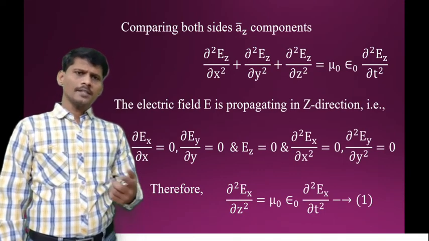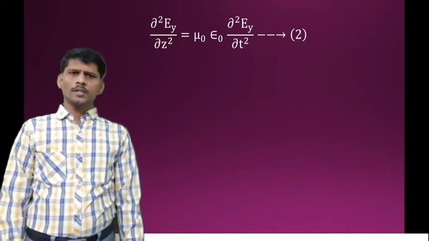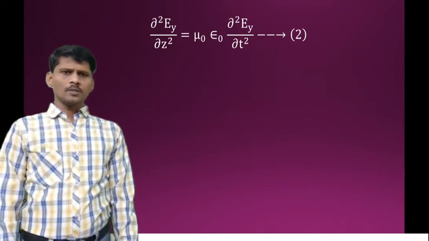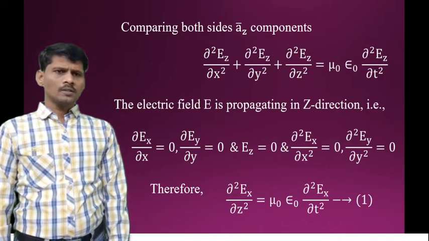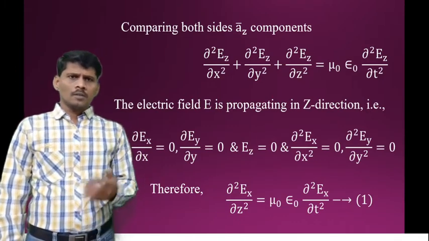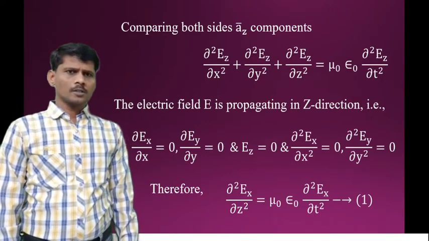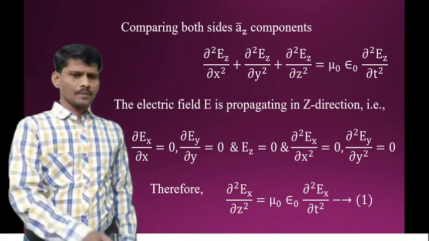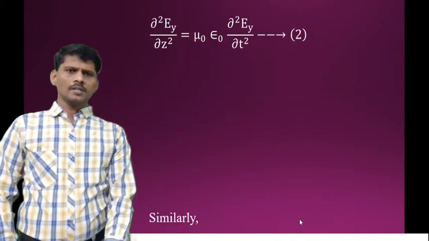In the second equation, dou square Ey by dou z square is equal to mu naught epsilon naught dou square Ey by dou t square. From the third equation, the field component Ez is equal to 0, so there is no resultant expression from the third equation. So this is equation 1 and this is equation 2.